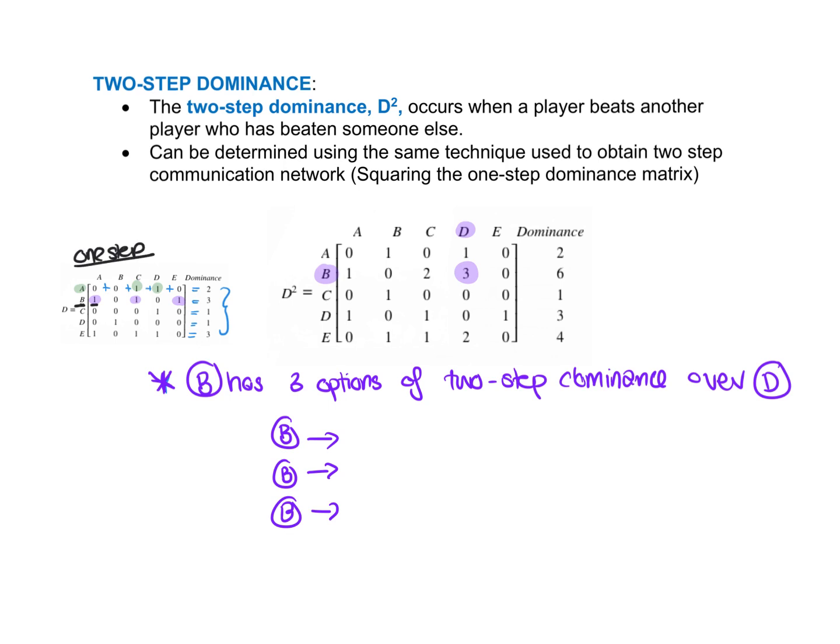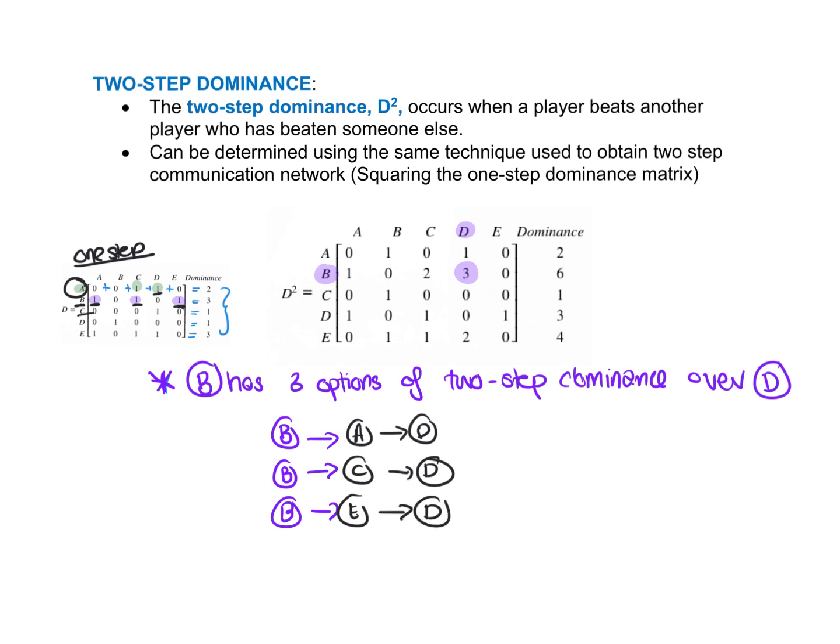If you look, B could beat A, they could beat C, and they could also beat E. If you look at those individually, you can see that A can beat D. So there's one option of 2-step dominance. B could also beat C, and if you look along C, C could also beat D. So there's the other option of 2-step dominance. And then the third one, B could beat E, who could also beat D.